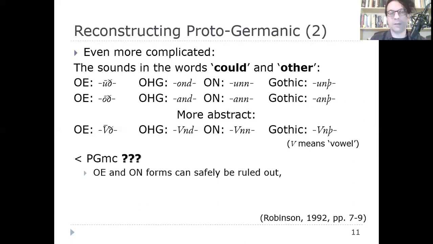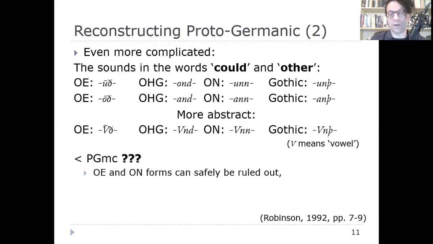Because if you compare them with Old High German and Gothic, then Old High German and Gothic both do something that Old English and Old Norse don't do. Namely, they have an N sound and some kind of a dental or alveolar consonant sound after the N. Now, Old English seems to have gotten rid of the N, right?